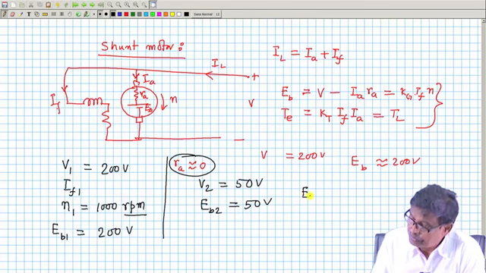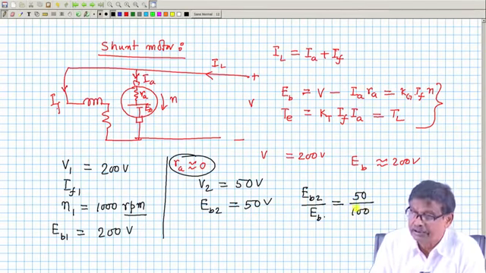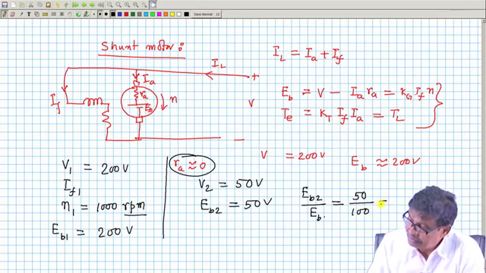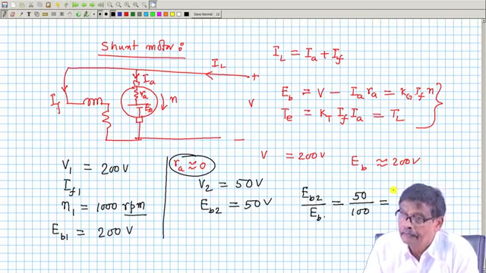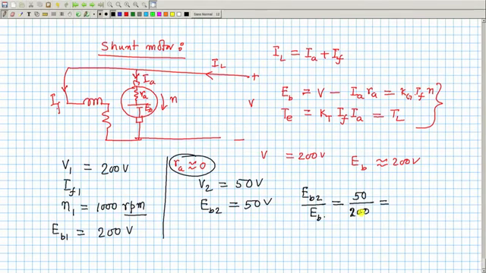Therefore, EB2 by EB1 will be equal to 50 by 200, and this is equal to kg into IF2 into N2 by kg into IF1 into N1. This will be the thing.